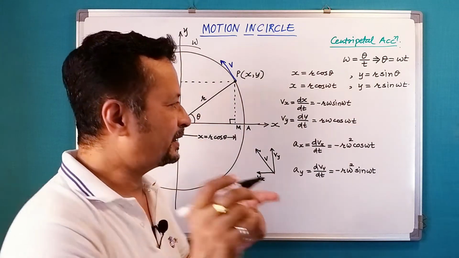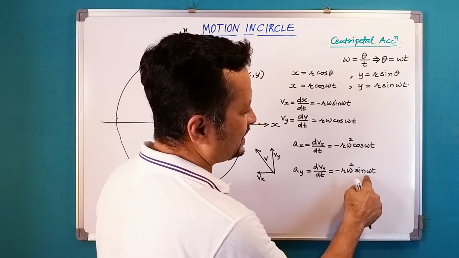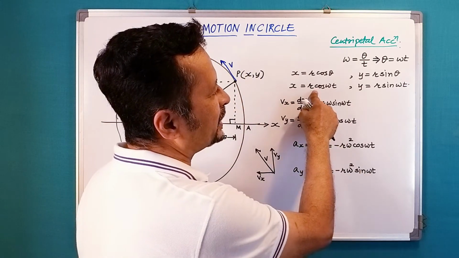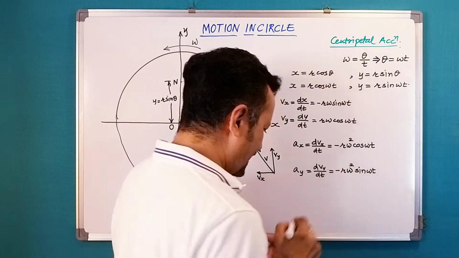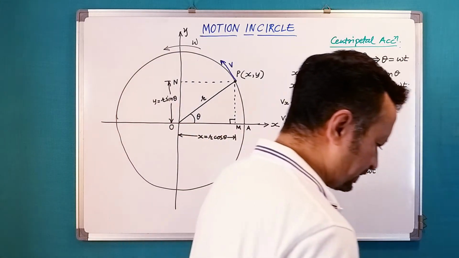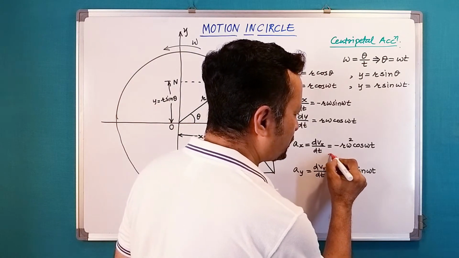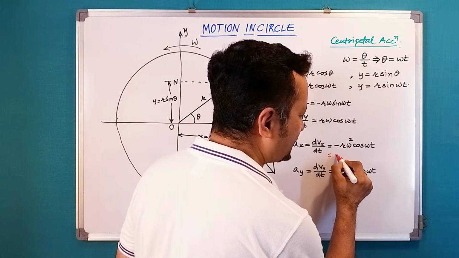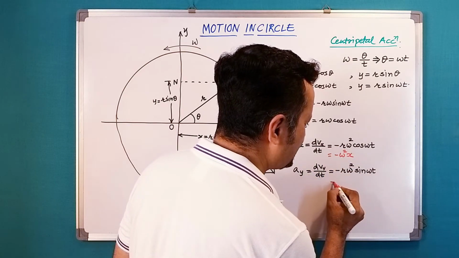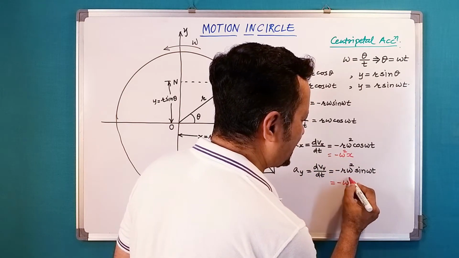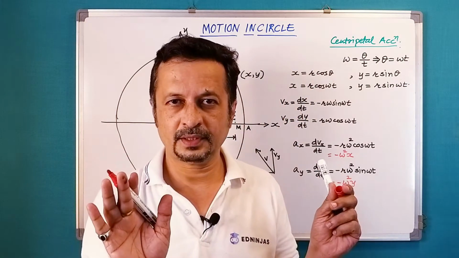Now one thing is there: r cos omega t, r sin omega t. So can I say that my acceleration, x component of acceleration is equal to minus omega square x, and this is minus omega square y, correct?